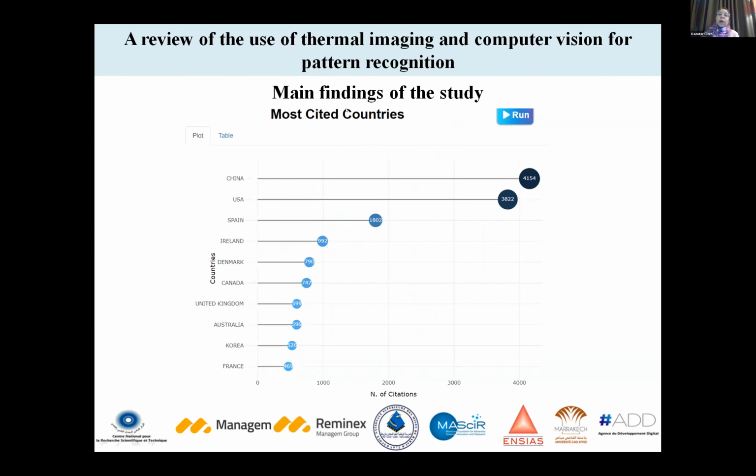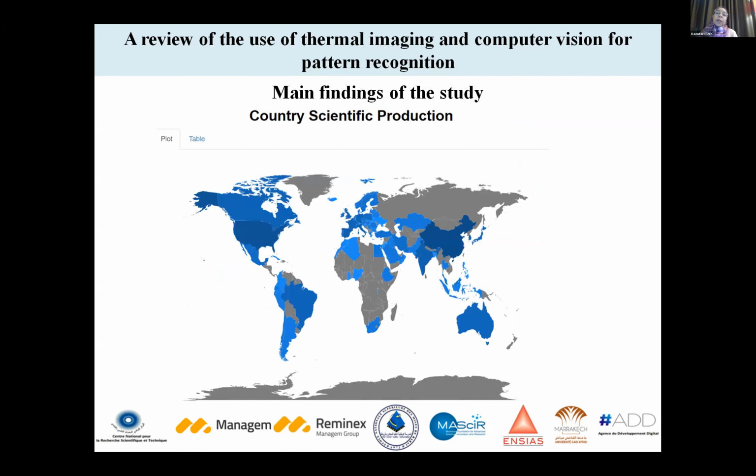Regarding the most cited countries, we have China, then the USA, and Spain as the first three most cited countries within the topic of computer vision, pattern recognition and thermal imaging in research articles. On this world map, we can see big differences between the number of publications.